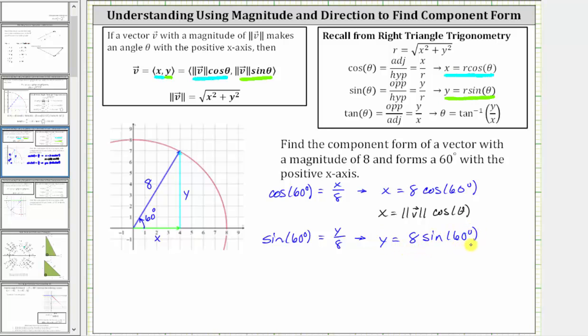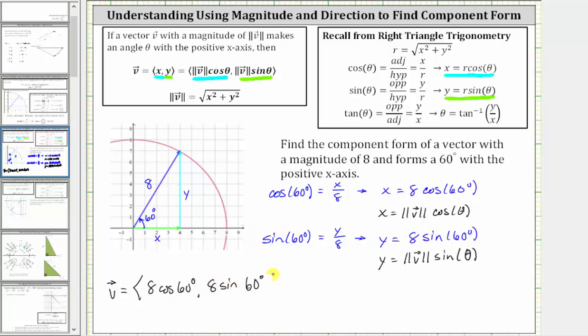Y equals 8 sine 60 degrees is equivalent to y equals the magnitude of vector v times sine theta, which is the reason why the given vector, vector v, has an x component of 8 cosine 60 degrees and a y component of 8 sine 60 degrees.